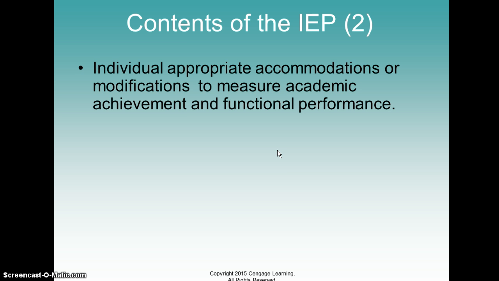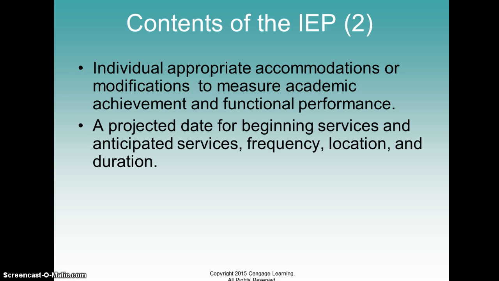Individual appropriate accommodations and modifications to measure their academic achievement and functional performance. So if I'm in 8th grade, I'm reading on 2nd grade level, then what kinds of modifications and accommodations are you going to make for me in social studies so that I can process that complex information?